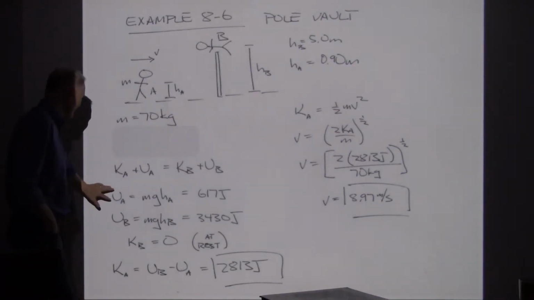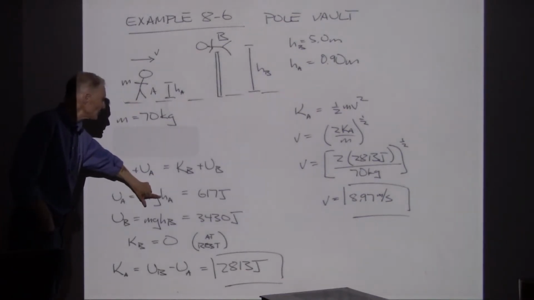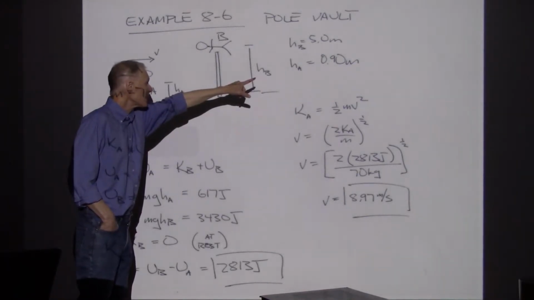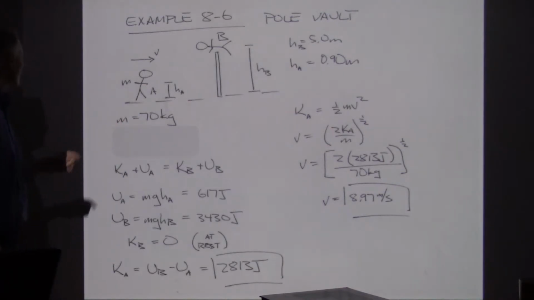So the potential energy we start with, U_A, is mgh_A, and we said the center of mass was at 0.90 meters. Putting all the numbers in, what was the mass? The mass was 70 kilograms, which gives us 617 joules. So there's 617 joules of potential energy that we start with.